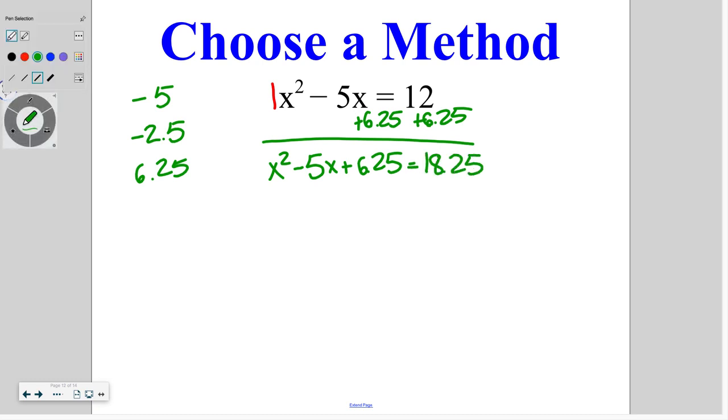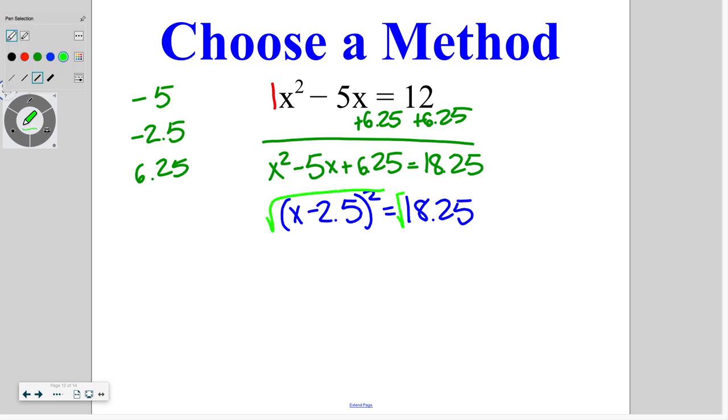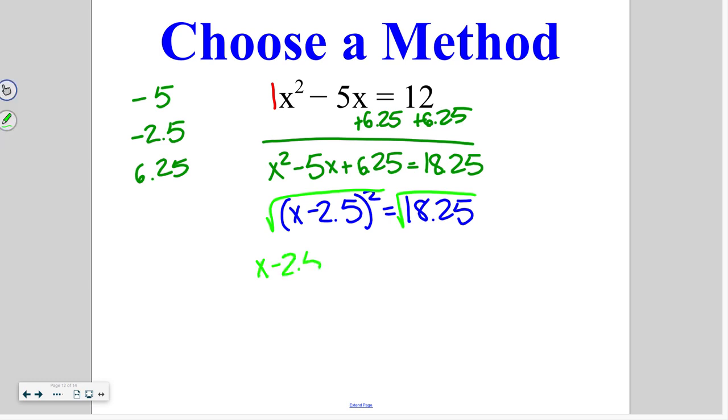Factoring that down, I'm going to end up with x minus 2.5 squared is equal to 18.25. I then need to take the square root of both of those sides. To get my two cases, I get x minus 2.5 is equal to 4.27, and x minus 2.5 is equal to negative 4.27.